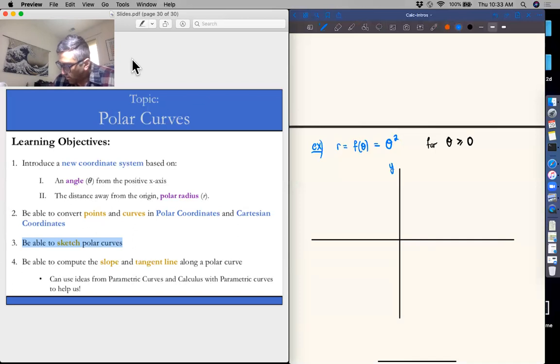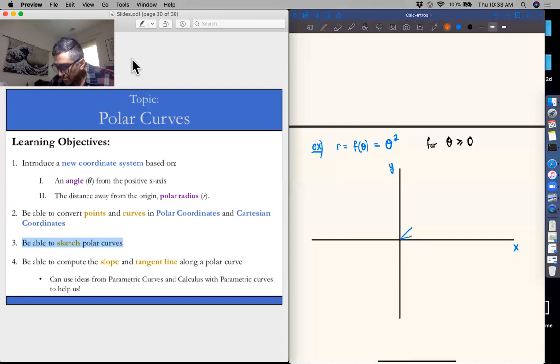So again, our polar curves live on the xy plane. If theta is something very small, our r is very small. As theta gets larger and larger, our r is going to get very large. So for example, at small theta values, our r will be rather small. As theta gets larger, our r will increase.